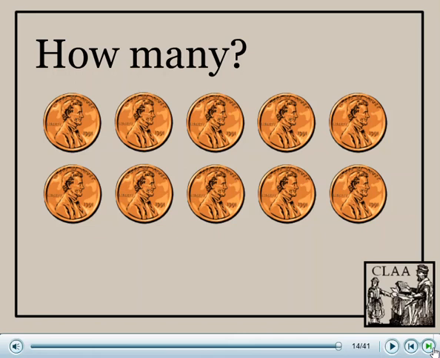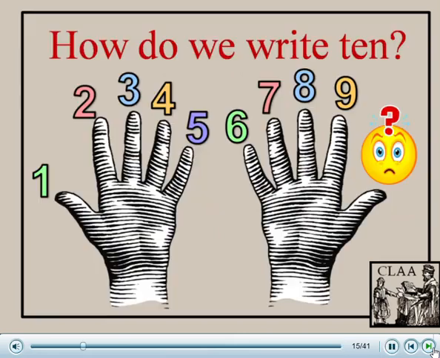There are 10 pennies on the screen. But how will we write 10 if there are only 9 numbers? How do we write 10?